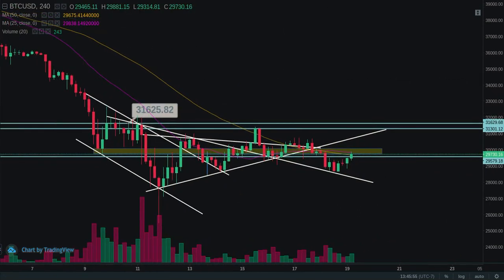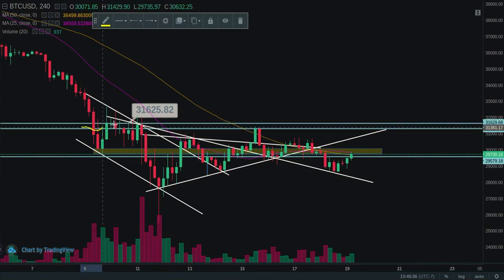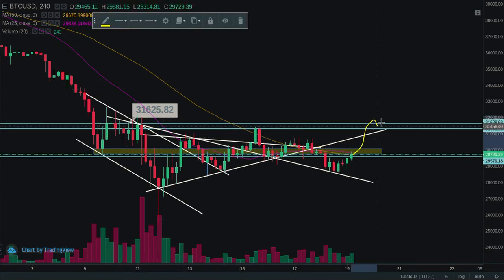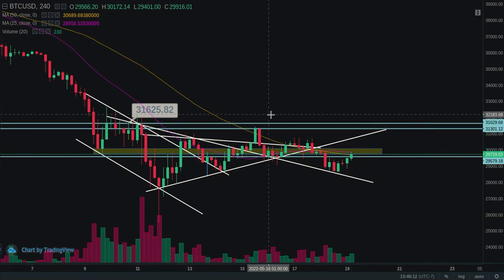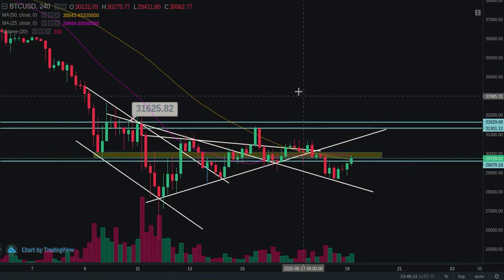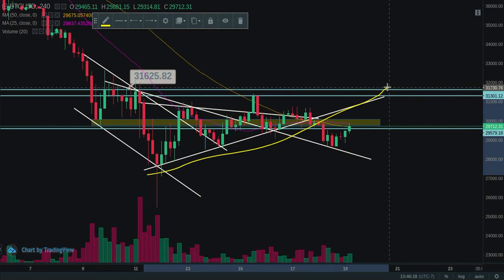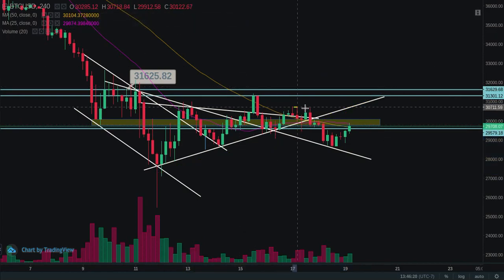And also, I believe this top area would be important too, because this is where we were pushing up and getting rejected to come back down. So if we do get back up to this point, this is where we would have problems trying to get past it. And also, if you guys notice, I had this trend line going up, and once we broke it, we came down.